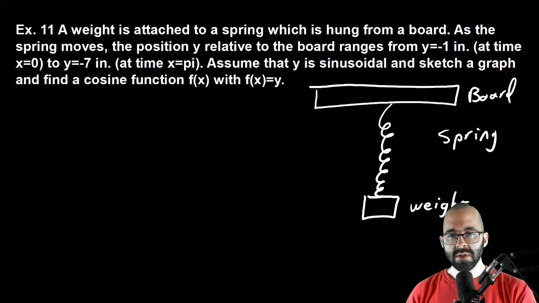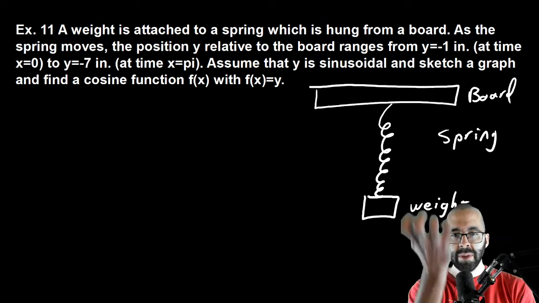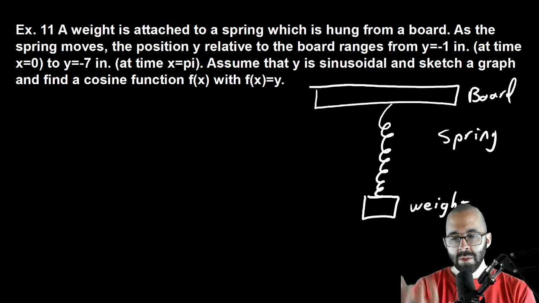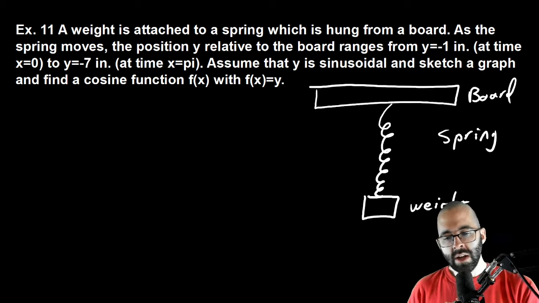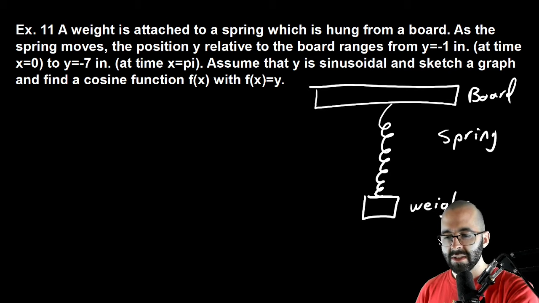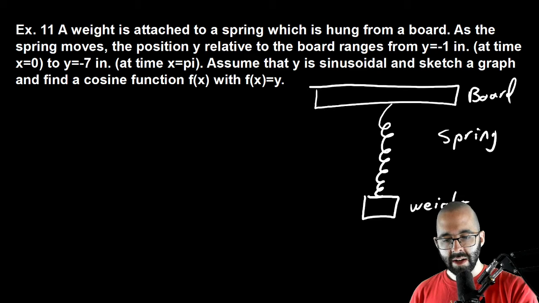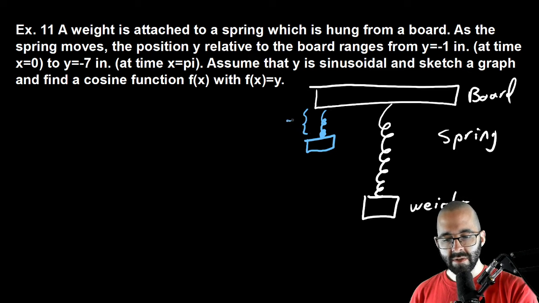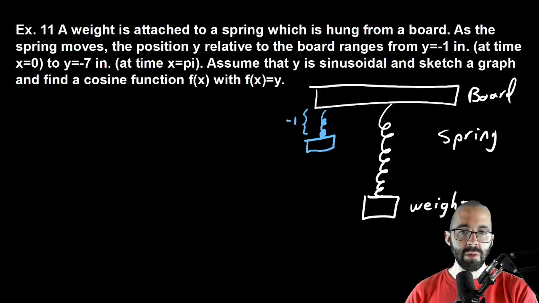As the spring moves, because the weight is going to be bouncing up and down, the position y relative to the board ranges from negative 1 inches, that's the closest it ever gets to the board. So the closest it ever gets is really coiled up right here, and this distance is 1. We're 1 unit below the board.